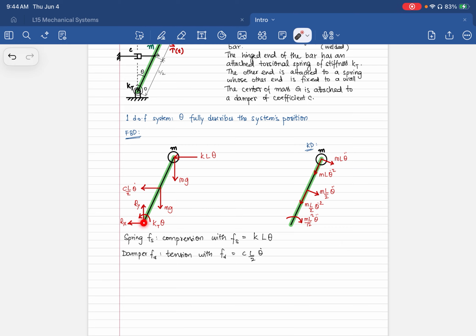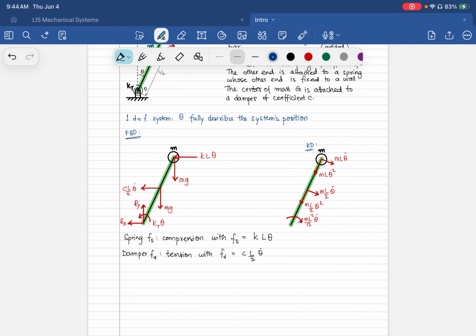For example, if you take the moment about this point, then both these unknown reaction forces will vanish because they have zero moment arm length. For that reason, taking the moment about this hinge point is usually beneficial. That's what we're going to do.